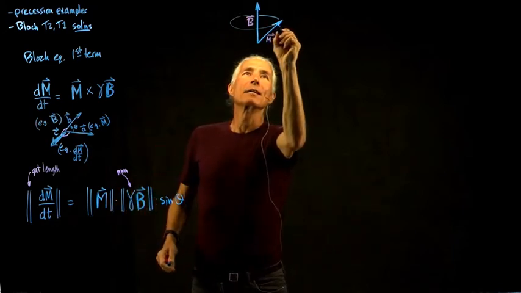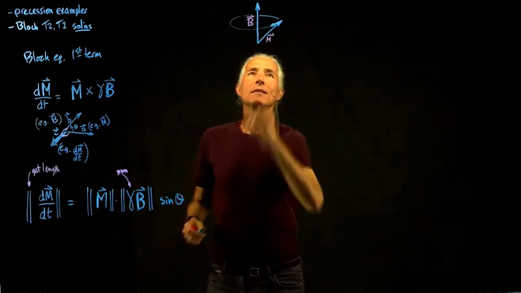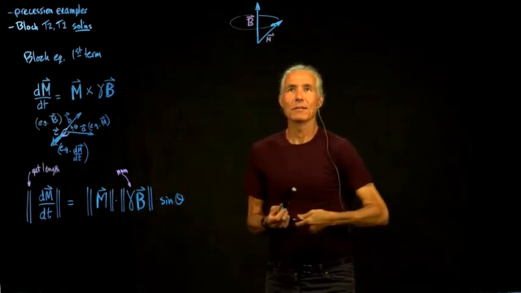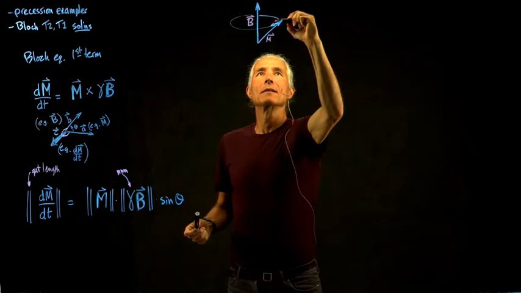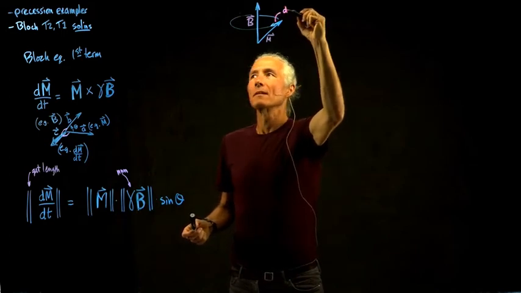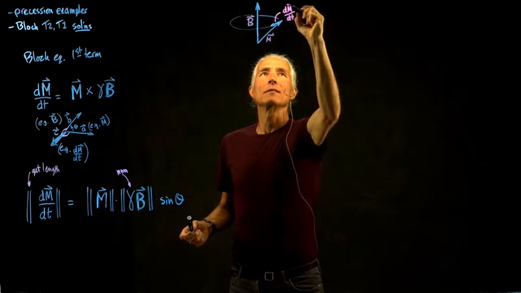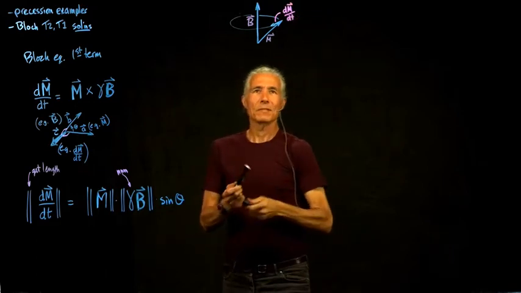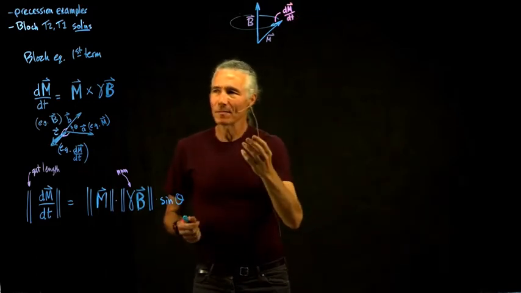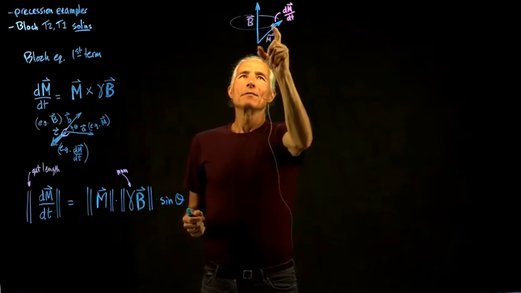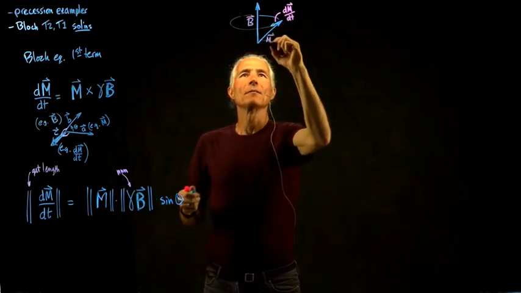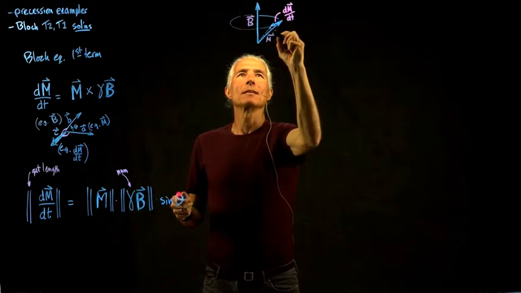So here's that dm dt vector. And for each small little fragment of time, this tells you what the next m vector will be.